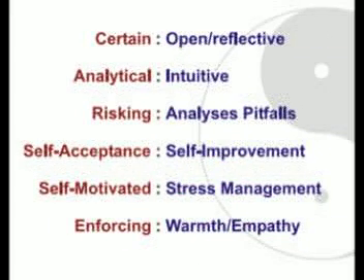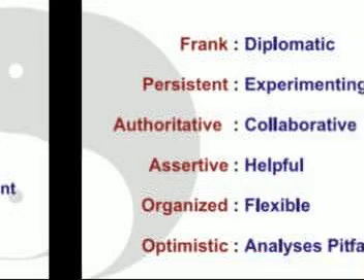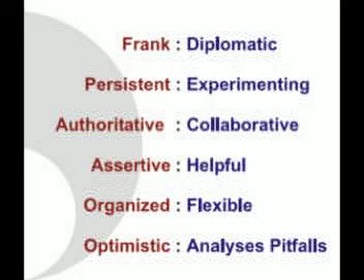In the paradox report, there are 12 pairs of opposite traits: certain versus open, reflective, analytical, intuitive, risking, analyzes pitfalls, self-acceptance, self-improvement, self-motivated, stress management, enforcing versus warm and empathy, frank and diplomatic, as we've already seen, persistent, experimenting, authoritative, collaborative, assertive, helpful, organized, flexible, and optimistic versus analyzing pitfalls.